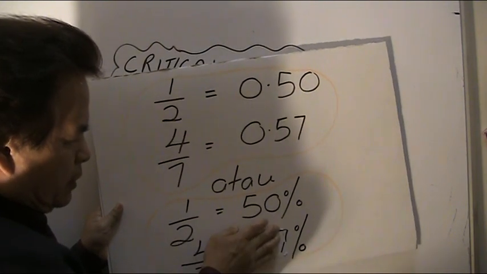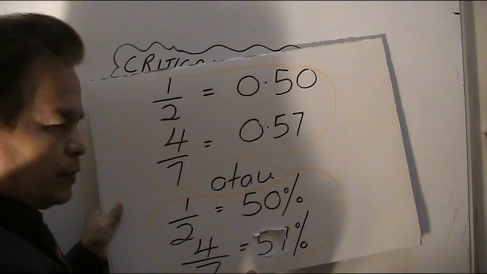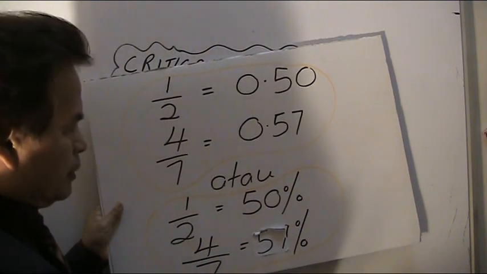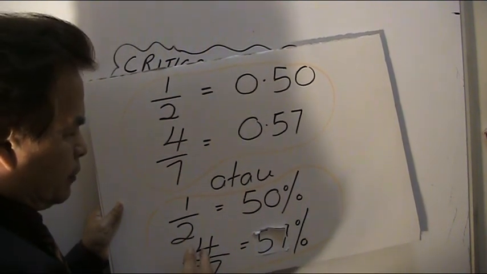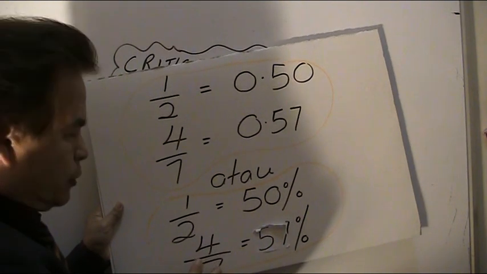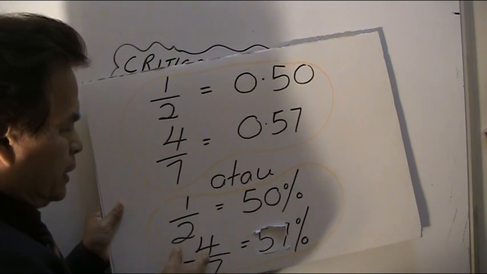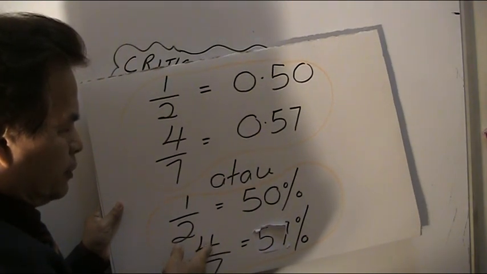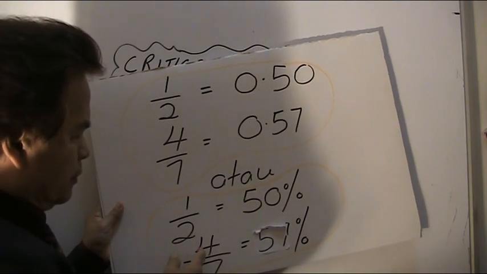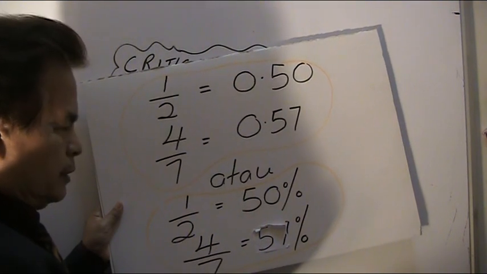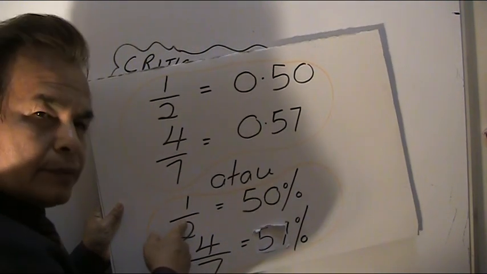Or they can even use common sense. 4/7 is, of course, greater than half. For this to be half, it is 3.5/7, which equals half.